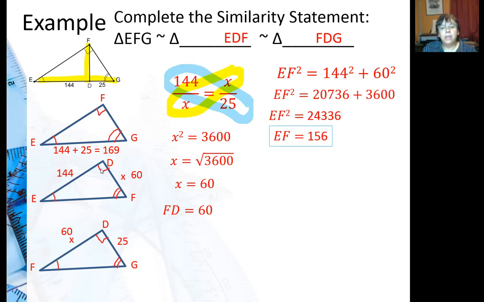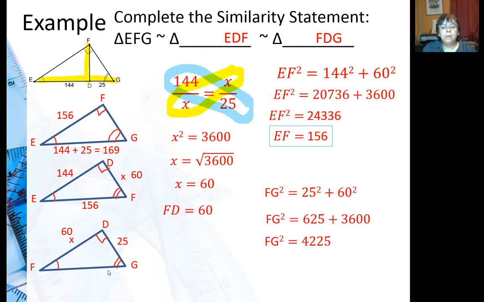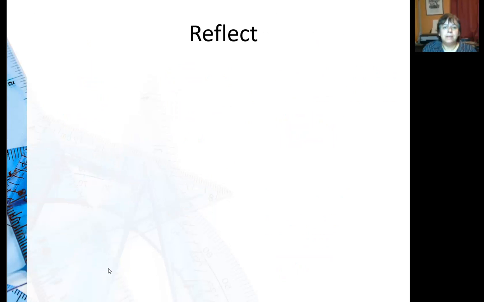Just basically use the calculator, take the square root, and I get EF is 156. So I'll put it up there and down here. Same thing for the bottom triangle. I can use Pythagorean theorem again. FG squared equals 25 squared plus 60 squared, or 625 plus 3600, 4225. Take the square root of that, and I get 65.